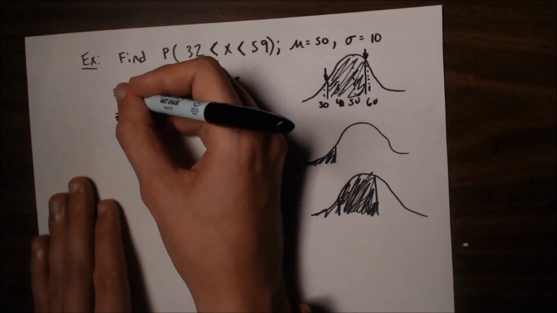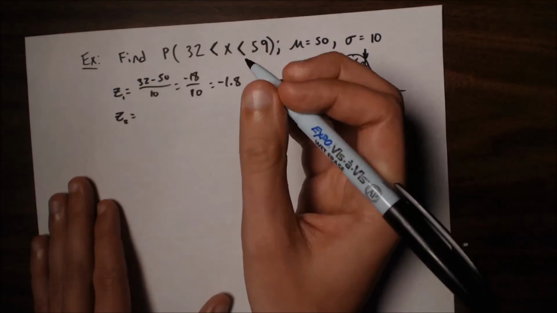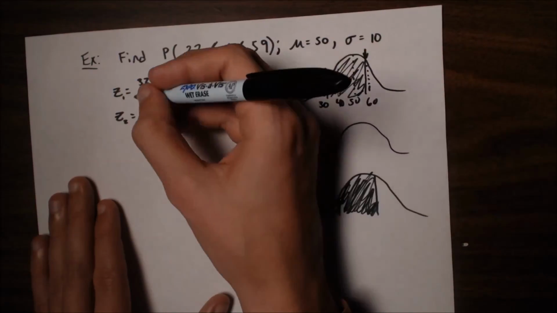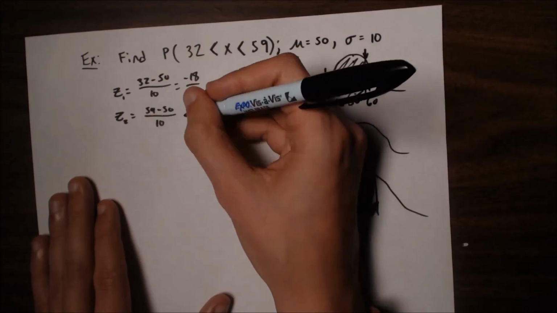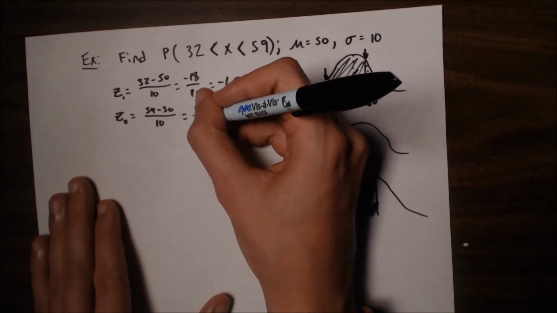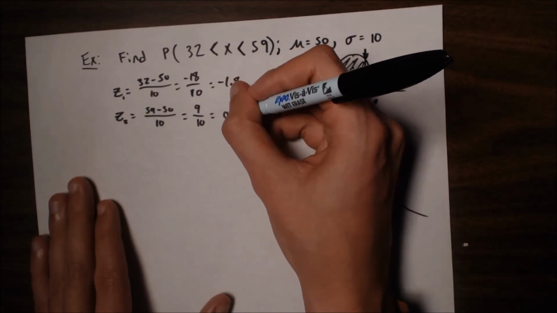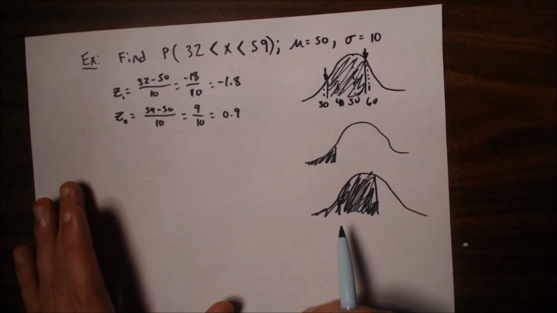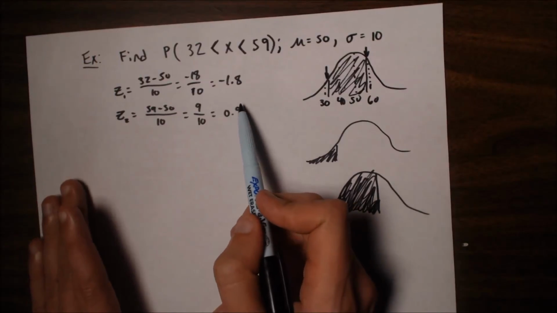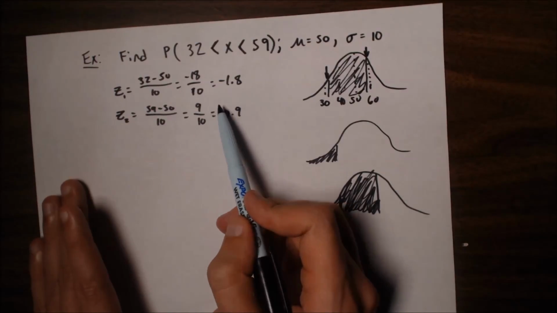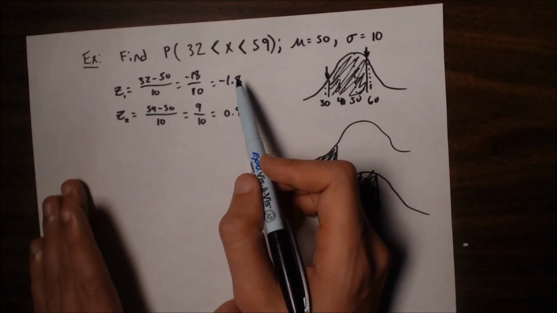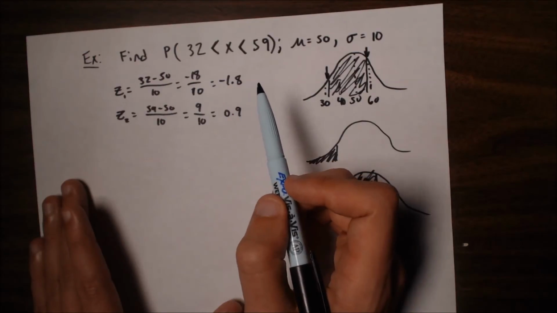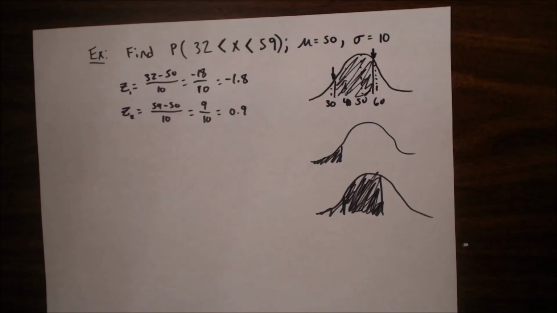The other z-score, we call them z1 and z2 if we want to, is going to be 59 minus 50 divided by 10, which is 9 over 10, which is 0.9. So I'm going to look up on my z-score table the probability of being less than 0.9 and the probability of being less than negative 1.8, and I'm going to subtract the smaller number from the bigger number. So let's look up those two numbers now.